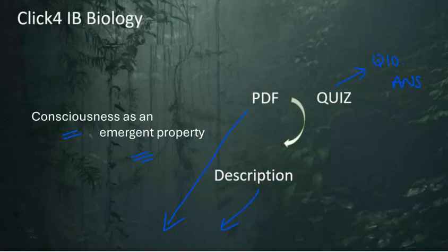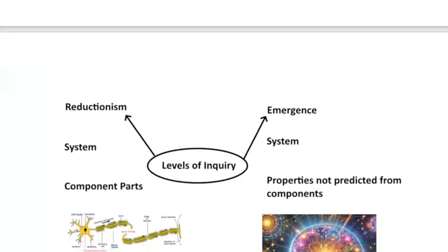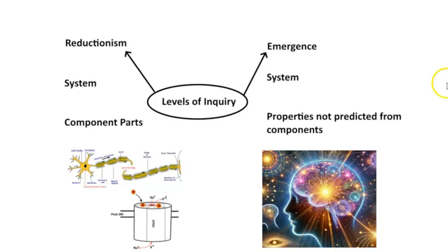So consciousness as an emergent property. Now the question may start with, what exactly do we mean by consciousness? And this in itself is a challenge which is beyond any video that we would possibly be able to do.